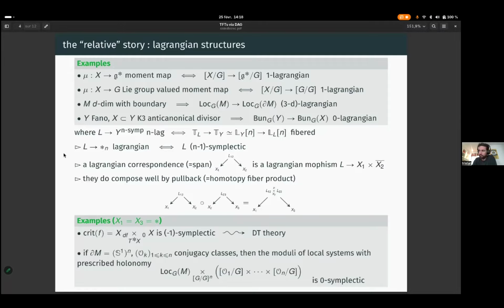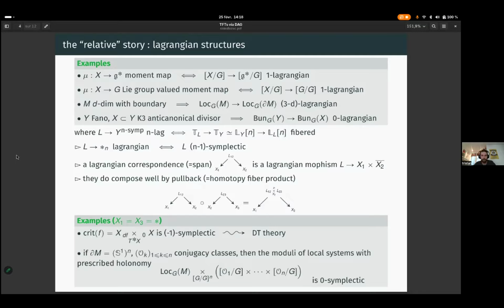And again, with the aim of composing morphisms in a category, here you see that if you're just dealing with Lagrangian morphisms, it's complicated to understand how you can compose these.